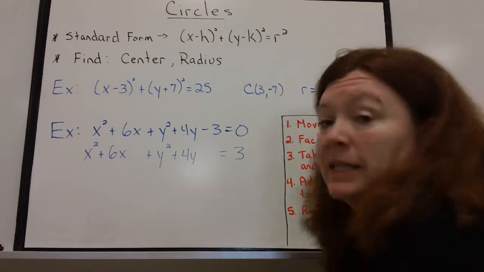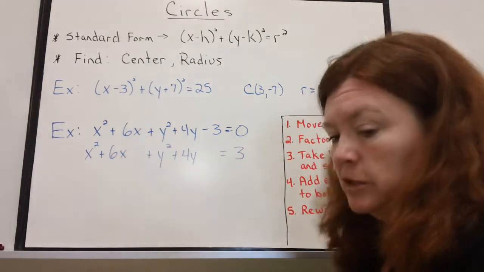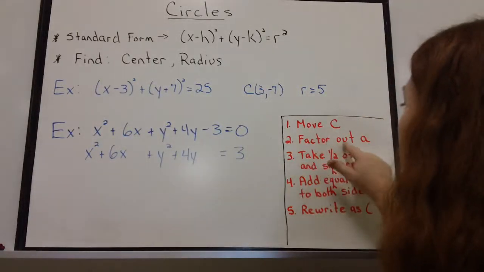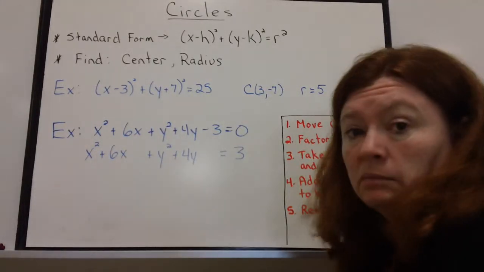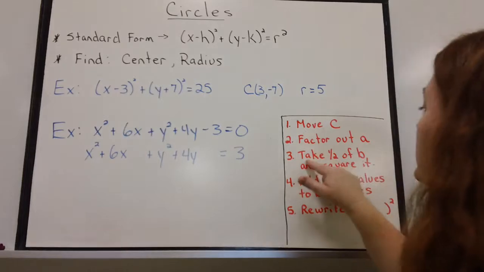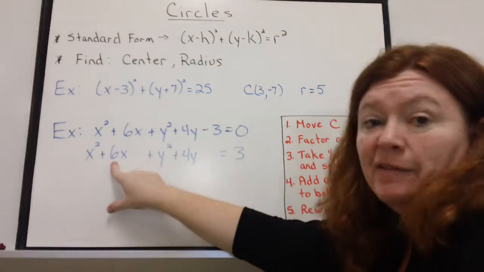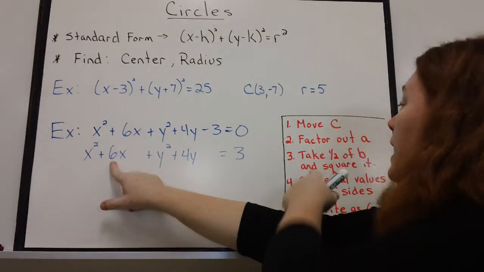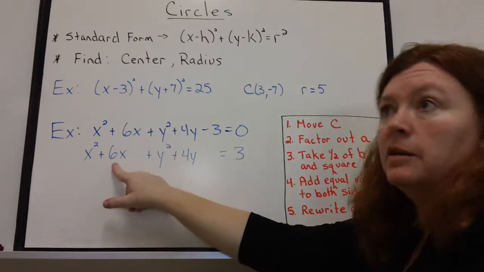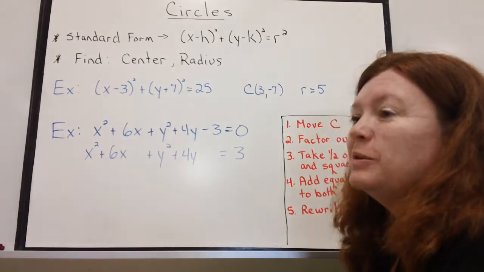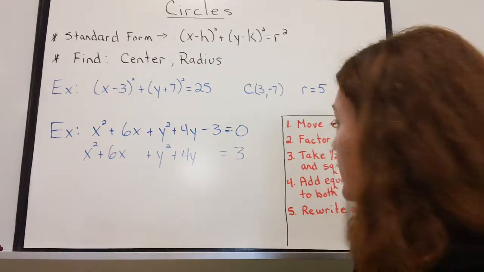All right, so let's take the steps and see what we can do here. I'm going to use a different color. Factor out A. Well, A was a 1, so I don't have to worry about that. Take half of B. My first B is 6. Half of that is 3, and square it. 3 squared is not times 2, it's 3 times 3, which would be 9.